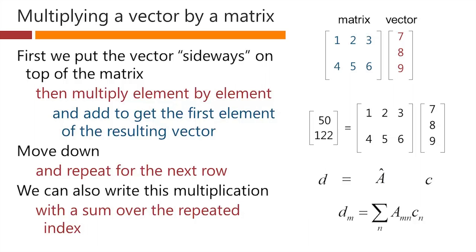And you see what we're doing here, we're summing over n, cn times amn. So for the first row, the m is going to be 1. So we're multiplying the elements in the first row, m equals 1, by their corresponding elements in the vector, amn times cn.